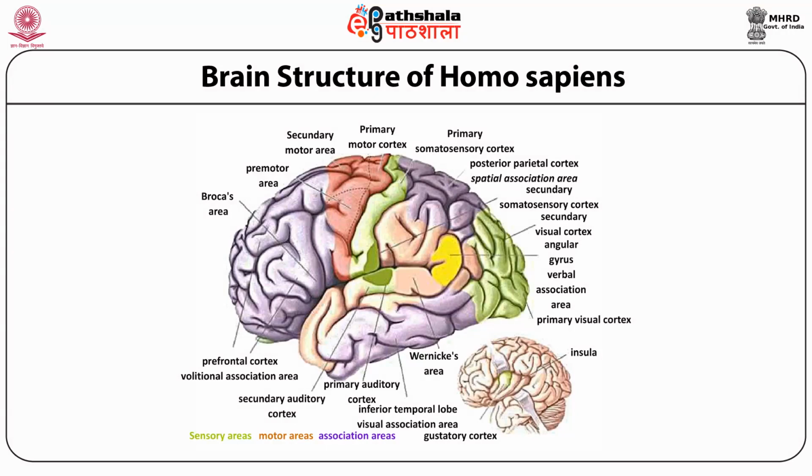The labeling explains the area and the role performed by different regions of the brain, like the Broca region, premotor region, secondary motor regions, primary motor cortex, somatosensory cortex, posterior parietal cortex, spatial association area, secondary visual cortex, verbal associated areas, the area primarily related to the visual cortex, then Wernicke area, auditory cortex, the inferior temporal lobe which is associated with vision, then the prefrontal cortex.